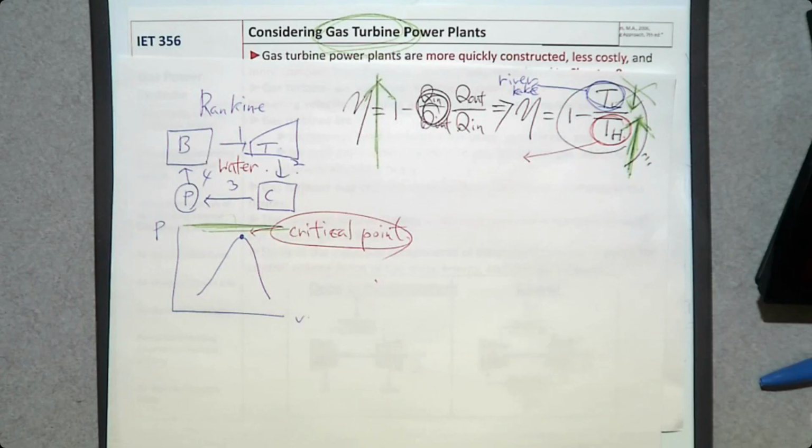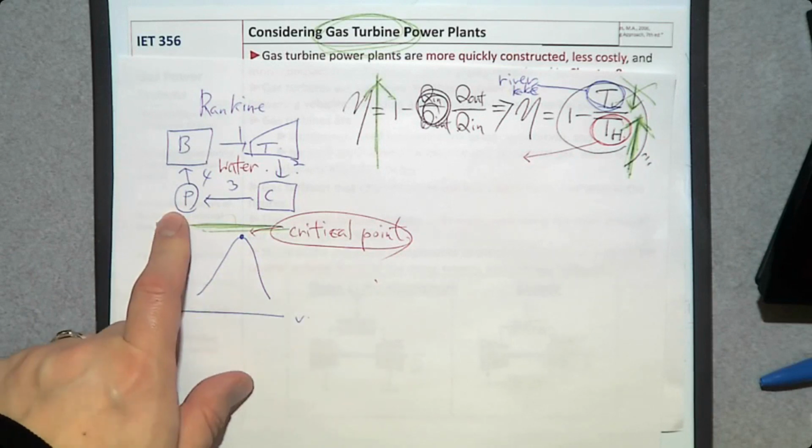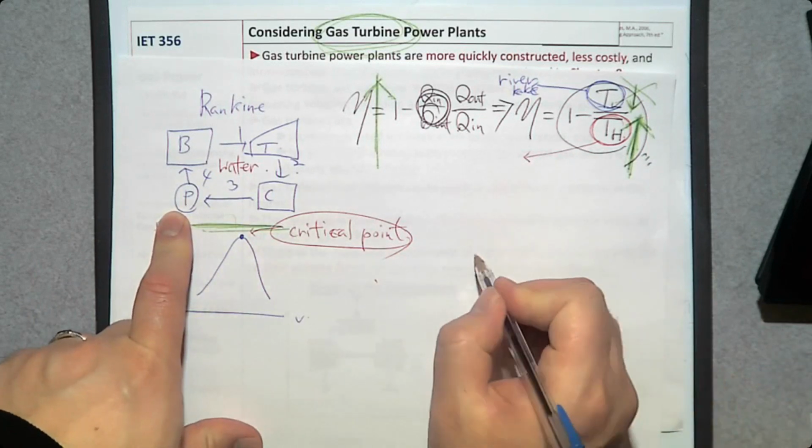Then how can we obtain high pressure, high temperature without phase change? When you have water, you just need to heat it. So liquid water becomes vapor, and we obtain high pressure. If you have a gas, how can we obtain high pressure? We need to use a compressor. Instead of a pump, we are going to use a compressor.